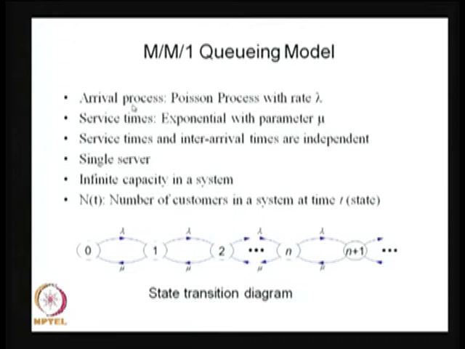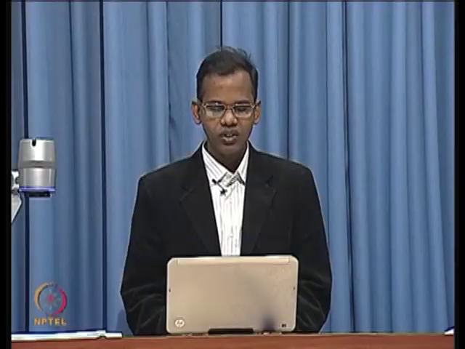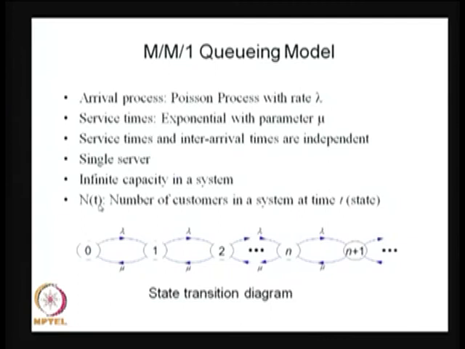Since the inter-arrival time is exponentially distributed and the service times are exponentially distributed, the memoryless property is going to be satisfied throughout all the time. Therefore, this stochastic process is a discrete state, continuous time stochastic process satisfying the Markov property.